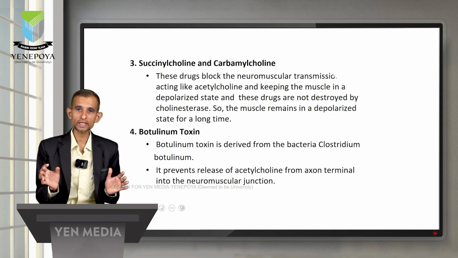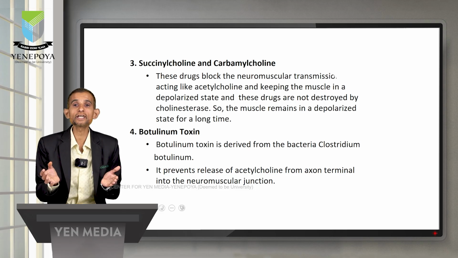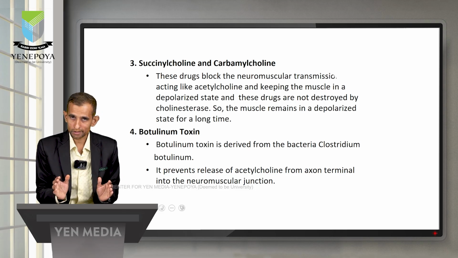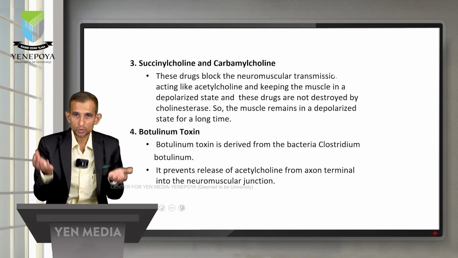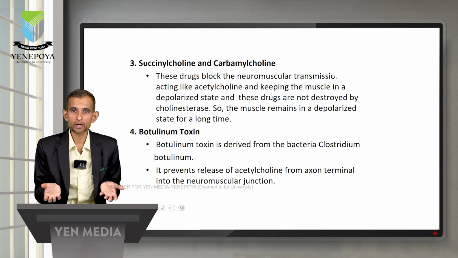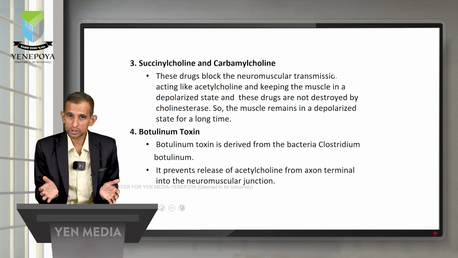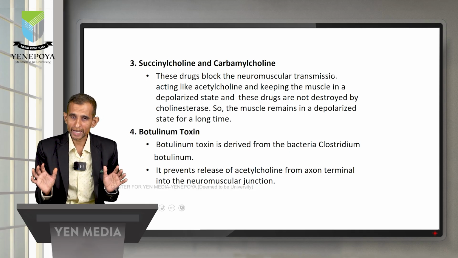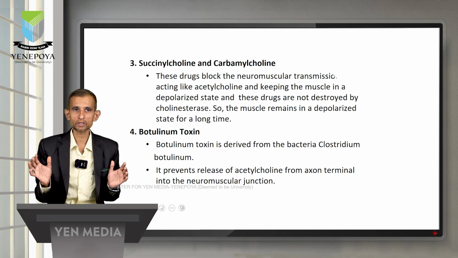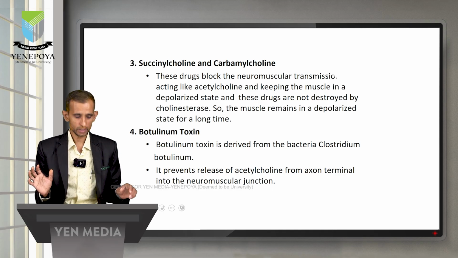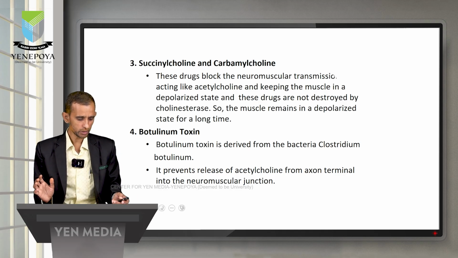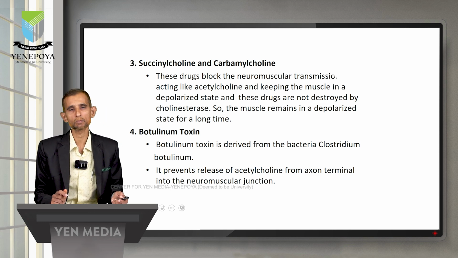As a result, there is no opening of ligand gated sodium channels, there is no influx of sodium from extracellular to the muscle fiber, there is no production of end plate potential, there is no production of action potential, there is no contraction. These are the important neuromuscular blockers.